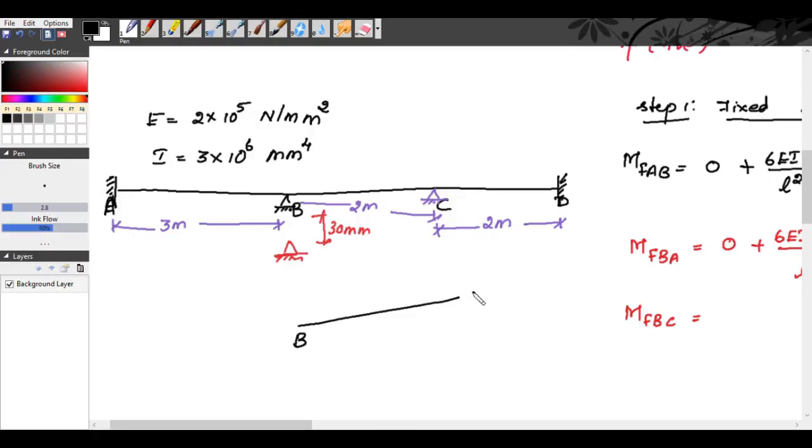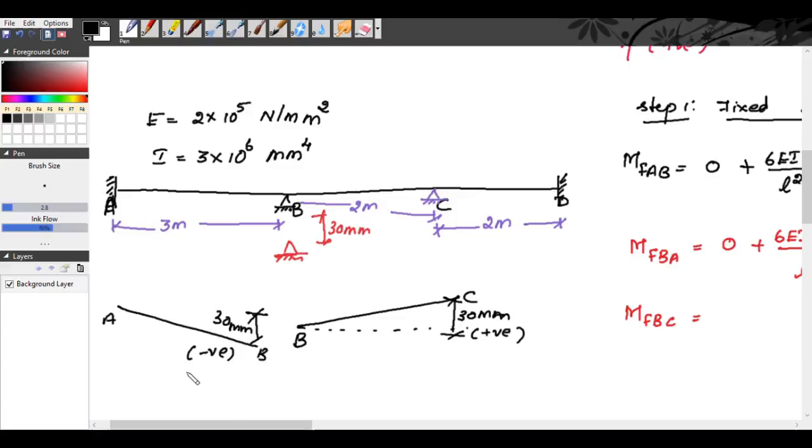Here it is B, here it is C. So from B to C, it is 30 mm. See, from B, C is 30 mm upwards. That means this should be considered as positive. From A to B, the sinking of support is like this, right? A, B. So from A, B is settling by 30 mm. So this should be considered as negative.